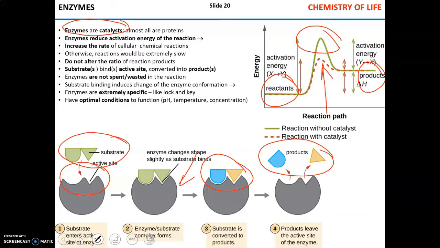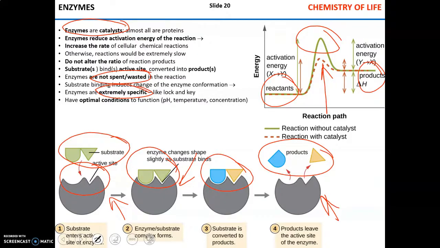Important feature of the enzymes is that they are, first, absolutely fantastically specific. They are not wasted in the reaction. So you see here that enzyme comes out of the reaction unchanged. And their specificity is due to that lock and key match between the substrate and the active site of the enzyme.